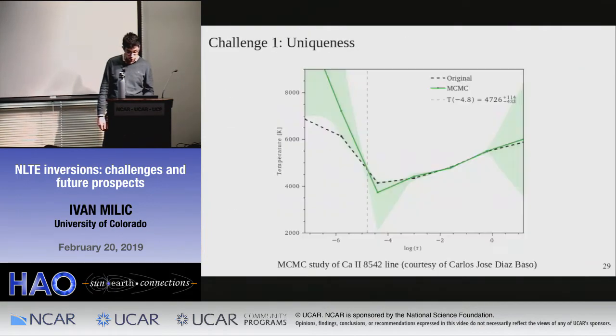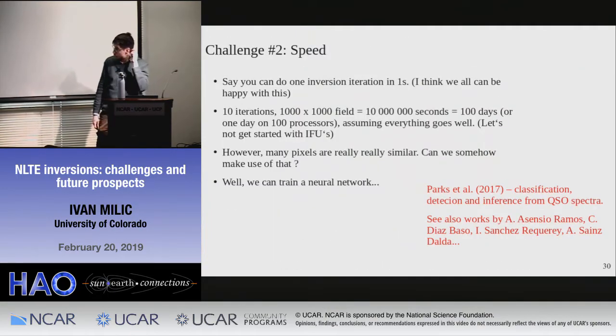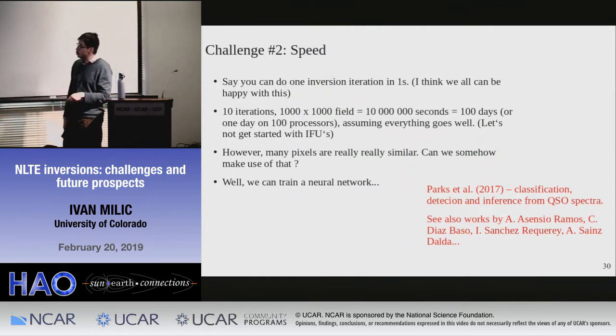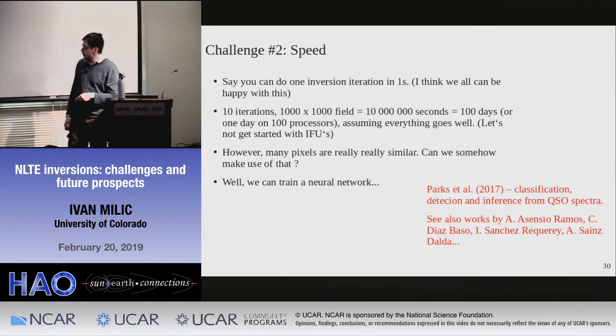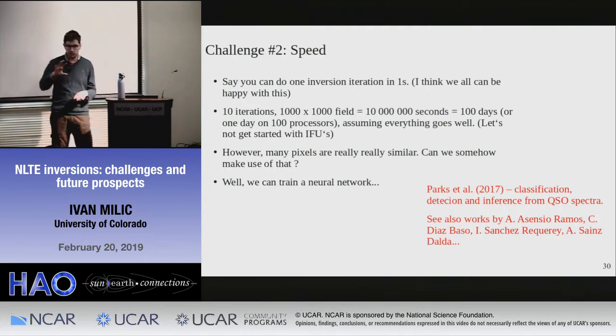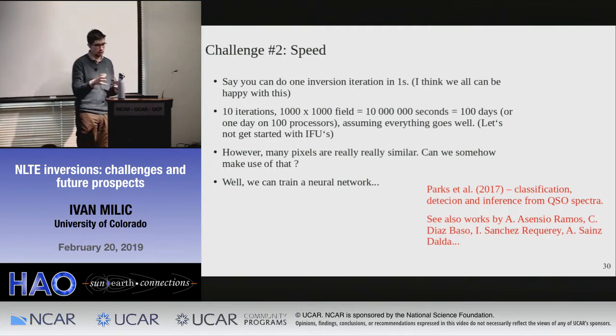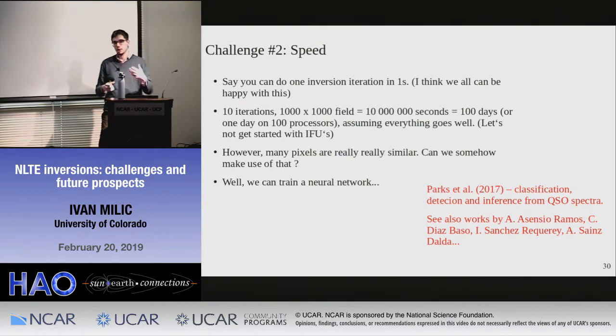So what we can maybe do, and some people are doing, and I'm going to show you some preliminary results, is that we could, in principle, train a neural network to do this for us. And people are doing it now in other fields. So people are doing it, for example, for quasar spectra, and in solar physics, people are doing it for some other things, like to use it instead of correlation tracking, to do very fast blind deconvolution and things like that. But for inversions, it's still starting.